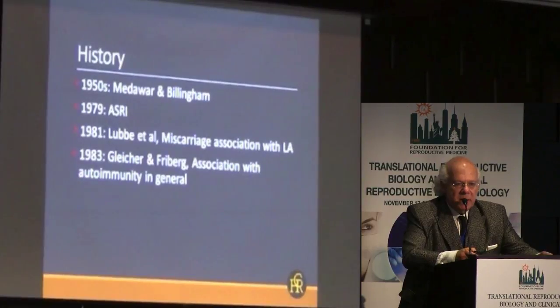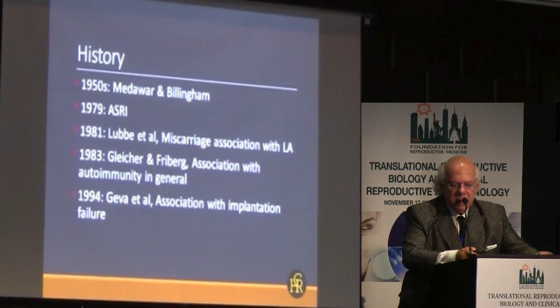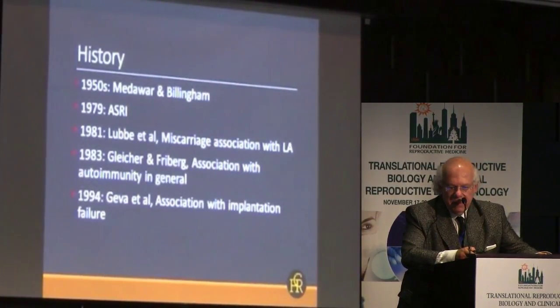Then we expanded that to a more broader view that autoimmunity is associated with miscarriages, and Giver and associates in Israel associated autoimmunity also with implantation failure.